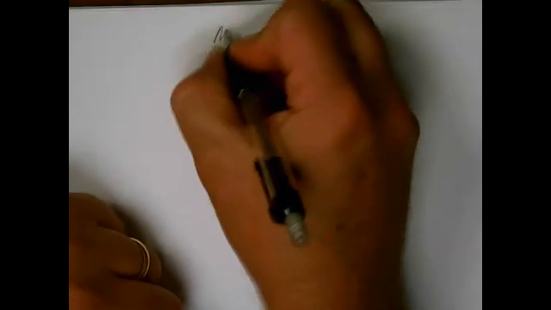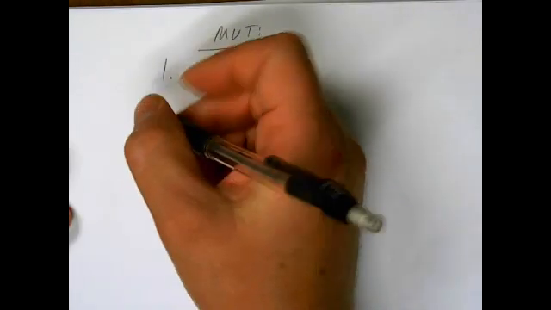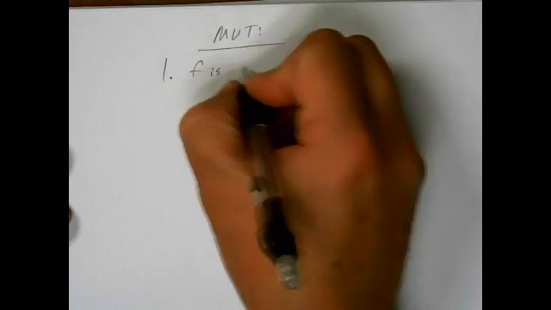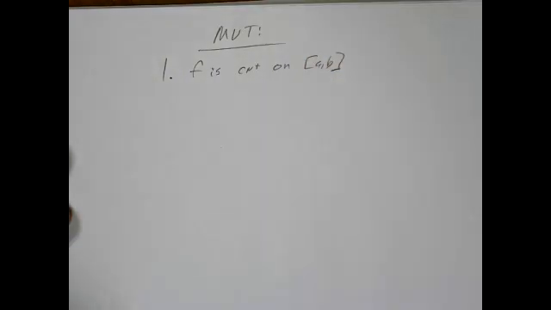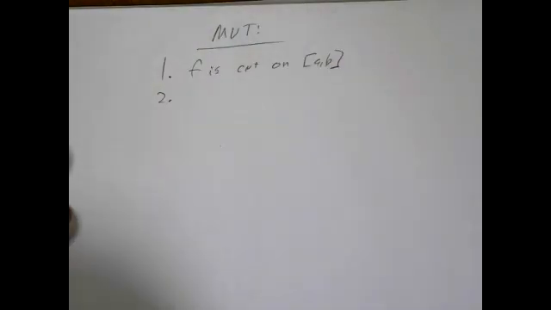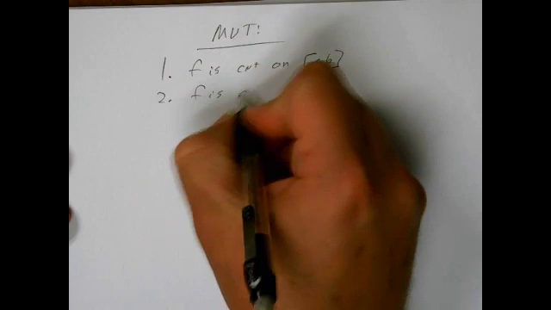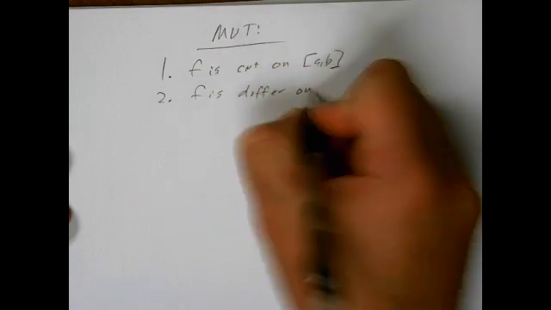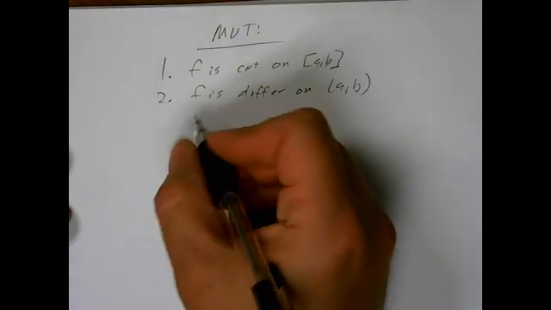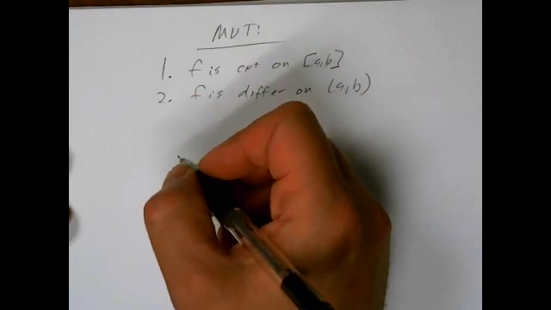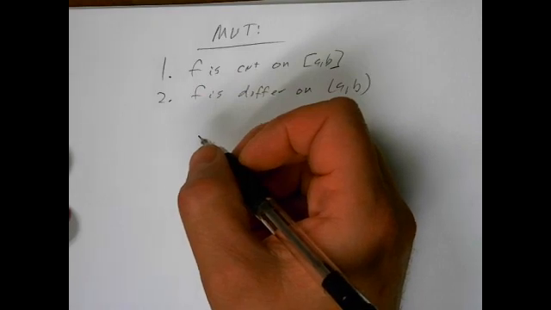The MVT says, number one, your function is continuous on the closed, and since the MVT is a corollary to Rolle's, many of the Rolle's requirements have been met, like f is continuous on the closed, f is differentiable on the open, and one difference with the MVT is it does not require the two endpoints to be equal.